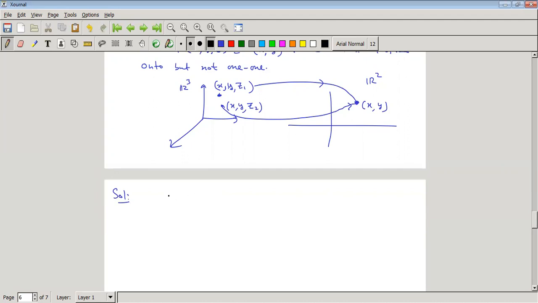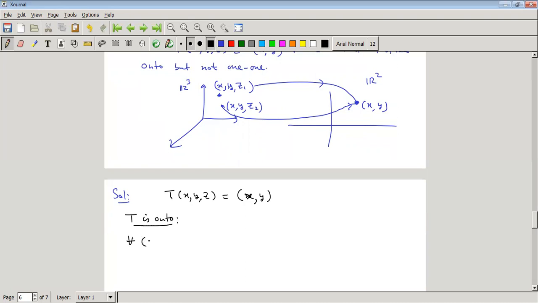So the given transformation is P(x, y, z) equal to (x, y). So first, T is onto. So for onto, what do we do?